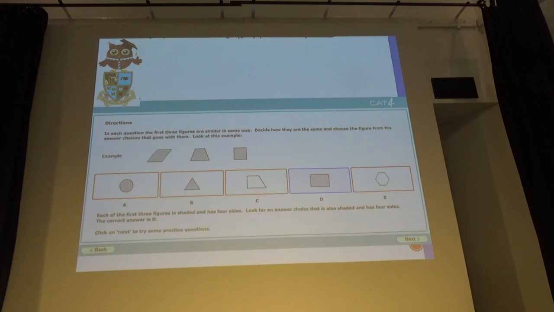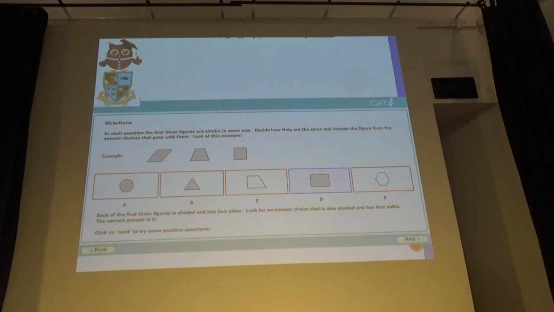So the children need to recognise that all of the 3 shapes have in common that they have 4 sides and that they are all grey coloured. So then they need to look down there to be able to see that there are 3 grey coloured, but then there's a circle and a triangle and they don't have 4 sides. And then there is a 4-sided shape, which is C, but that's white coloured. So they should then choose the one that fits the same pattern.